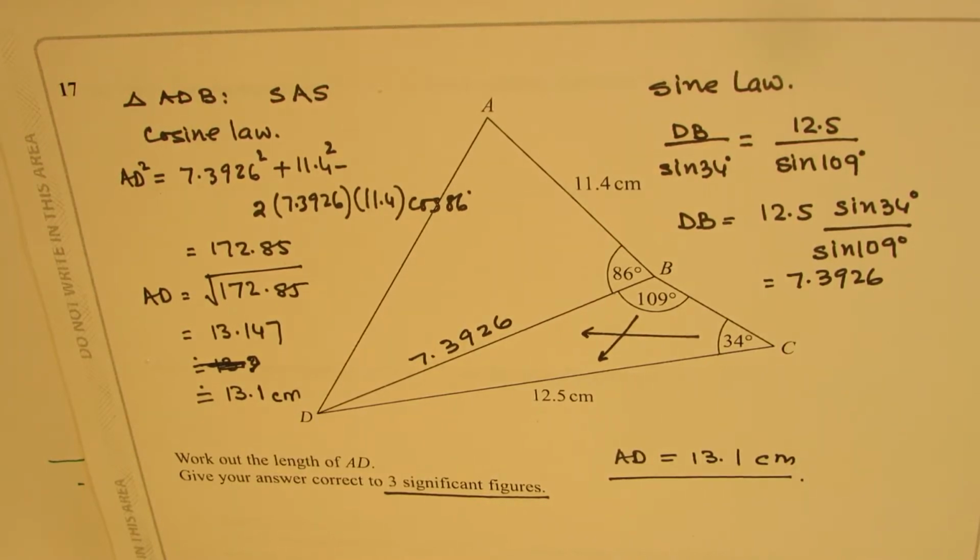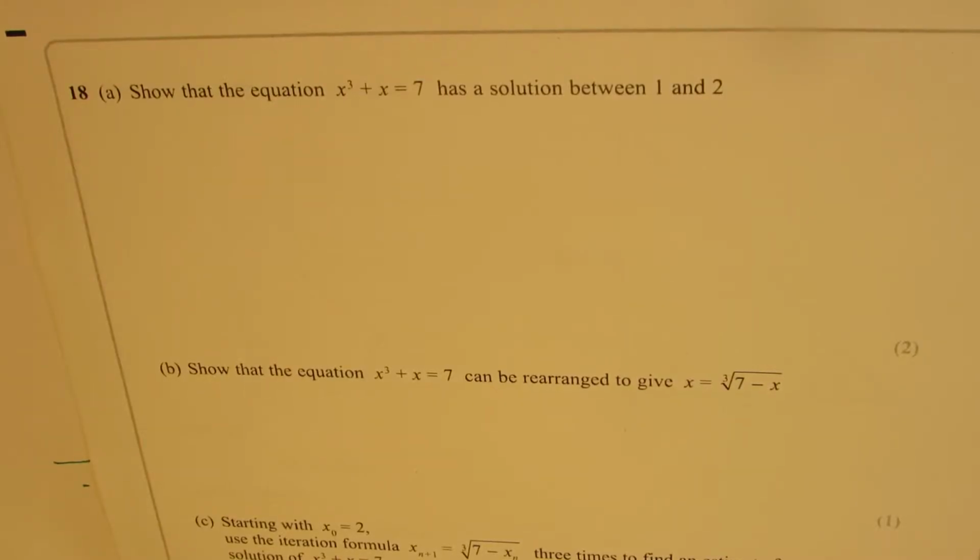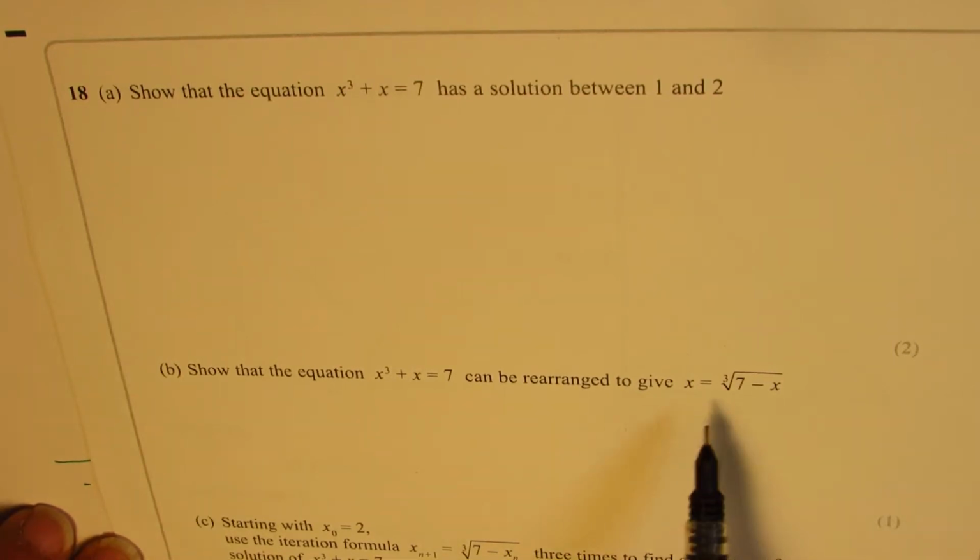Now let's take question number 18. Show that the equation x cubed plus x equals 7 has a solution between 1 and 2. Part B is, show that the equation x cubed plus x equals 7 can be rearranged to give x equals the cube root of 7 minus x.